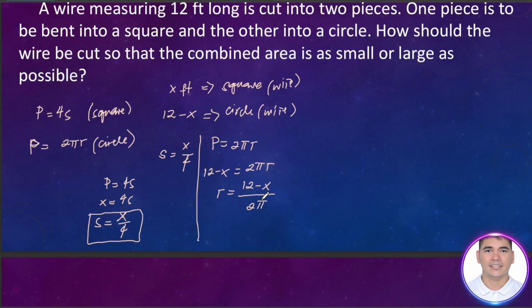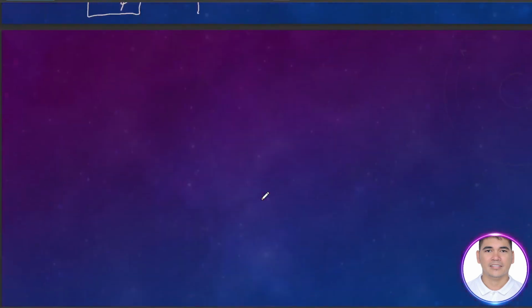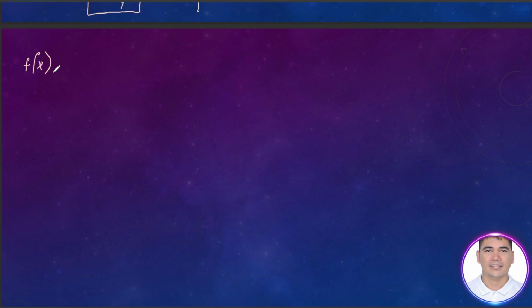Since we have to optimize the combined area of the square and the circle, we form the objective function that represents the sum of their areas in terms of the variable x. So, what is that? We have f of x equals s squared plus the square of our radius.